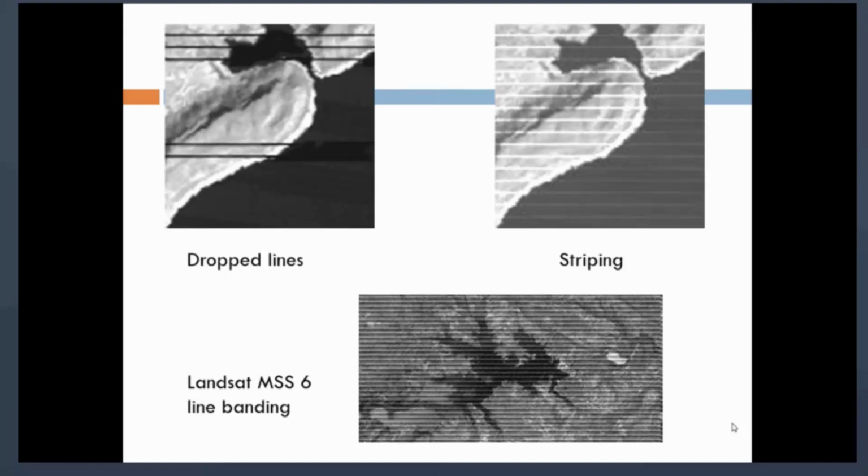Similarly, the same technique can be used for striping errors, but there are certain other methods. You can use some calibration data. You can use histogram matching methods, which can be parametric or non-parametric. Another type of error is line start.